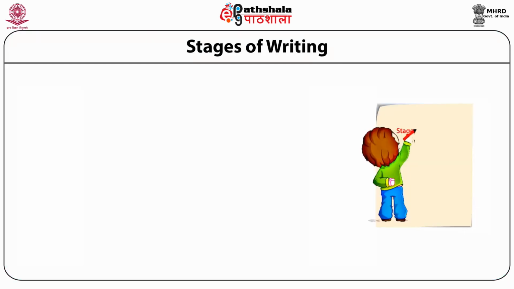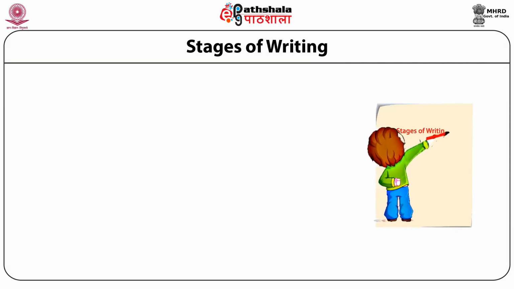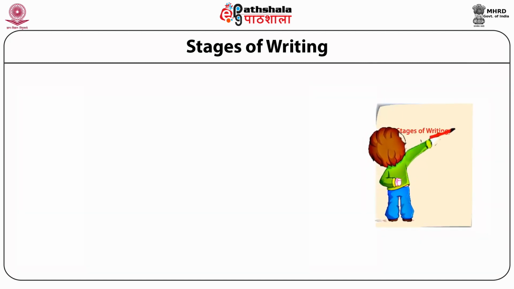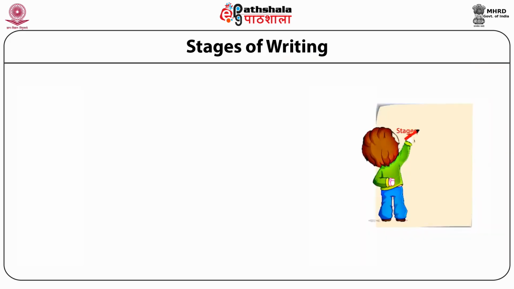Stages of writing. According to the demand of the situation, various kinds of business messages are written at an organization. Such written communication could be in the form of a business letter, memorandum, notice, office order, proposal, report, etc. Each form has its own purpose to execute.